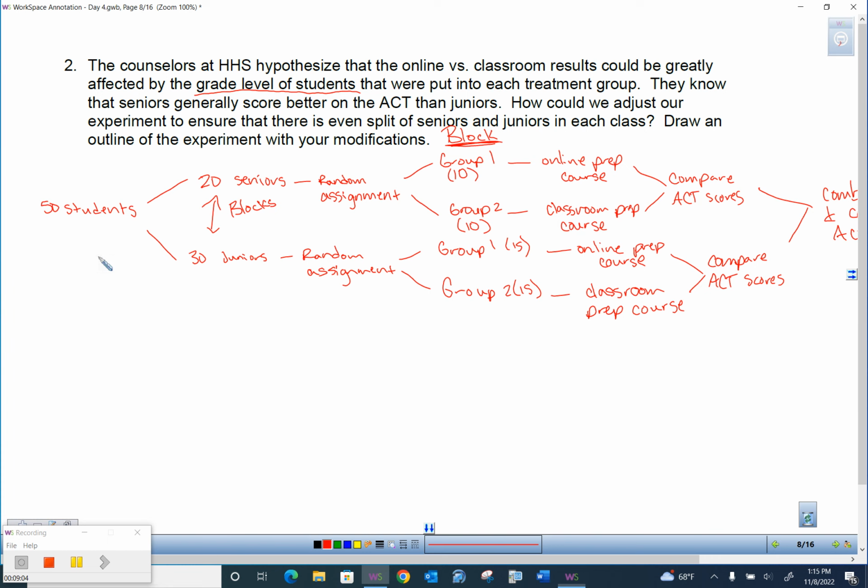When we do stratified, it's a method of sampling here. We didn't choose these 20 seniors from a bunch of seniors after the fact. We chose these 20 seniors because they were chosen in our original sample. Okay, so stratified random sampling happens to choose the original sample. Okay, blocks are done in an experiment, different variables that we're trying to control for.